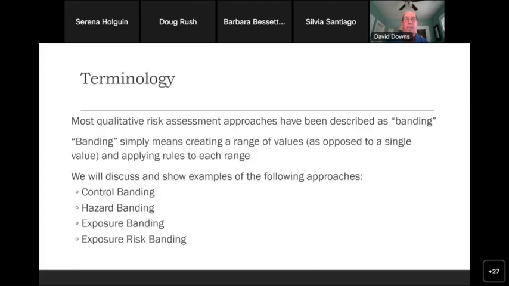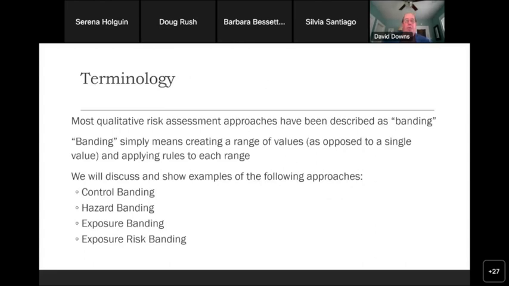Let's talk about some of the terminology that's used in qualitative risk assessment approaches. You've probably heard of the term banding, and that is a very common terminology that's used in many of the risk assessment approaches that have been developed and that have been used.